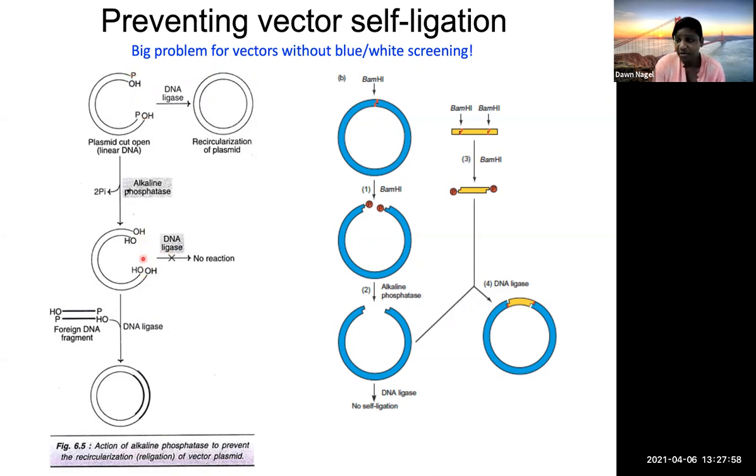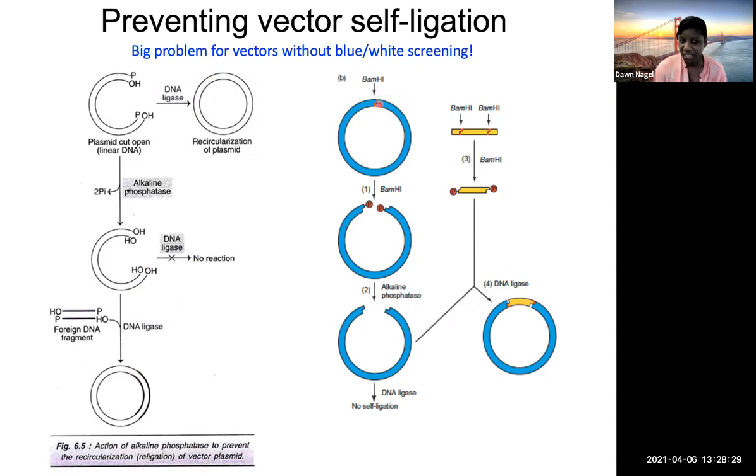There's no phosphate to bring them together, so you don't get any of these plasmids coming back together. Only when you add your foreign DNA, the piece of DNA you're trying to clone, will those contain the phosphate and be able to go into this vector, and DNA ligase will seal it. So this is really how you reduce having a vector that's empty versus a vector that has your insert.